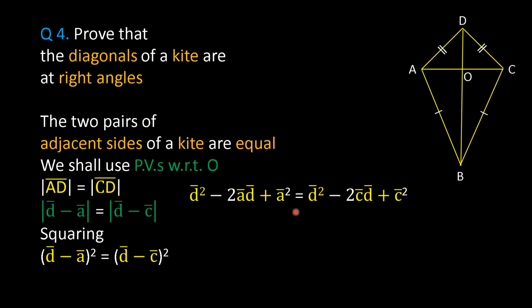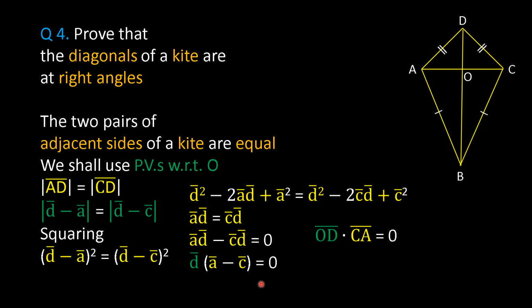After cancelling various terms, we get A bar dot D bar equals C bar dot D bar. That will be A bar dot D bar minus C bar dot D bar equals 0. We write this as D bar dot (A bar minus C bar). But D bar is OD bar and A bar minus C bar is CA bar.